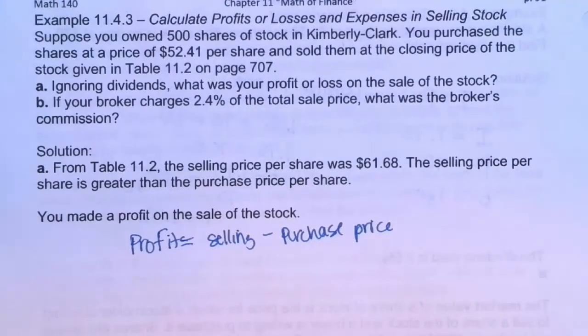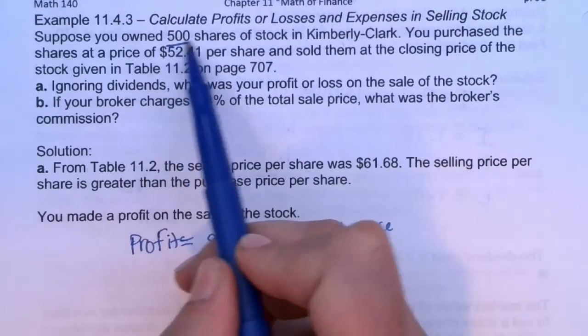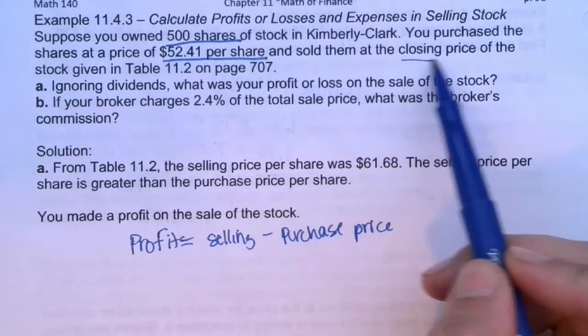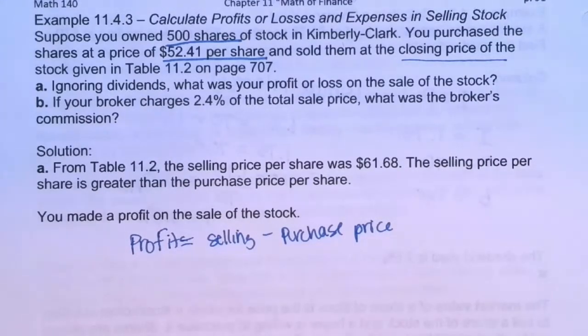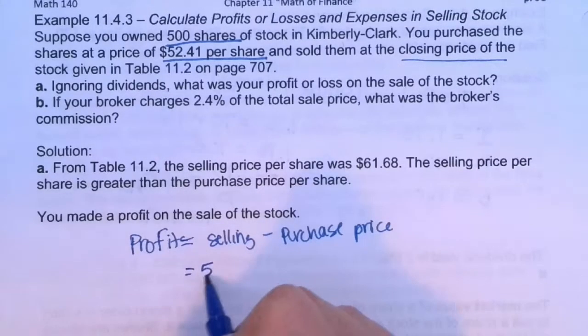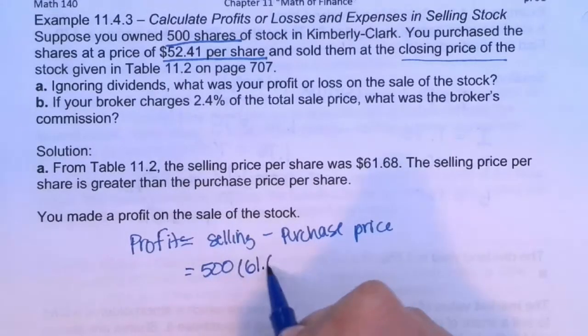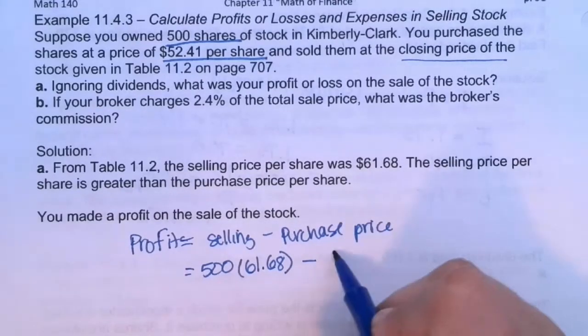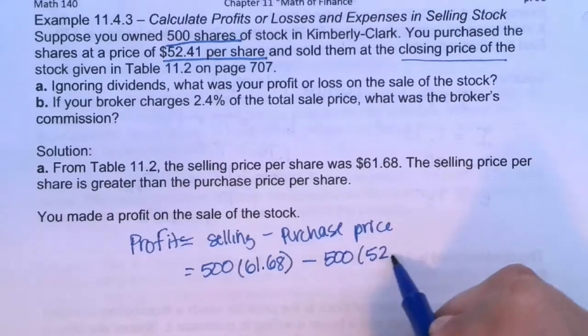So here we have 500 shares, and we know how much we paid per share, and then the closing price is from that table. Looking on the table, we look for Kimberly-Clark, and we're looking at the closing price, which would be $61.68. So we get 500 at $61.68 minus our purchase price, which we're told was $52.41.